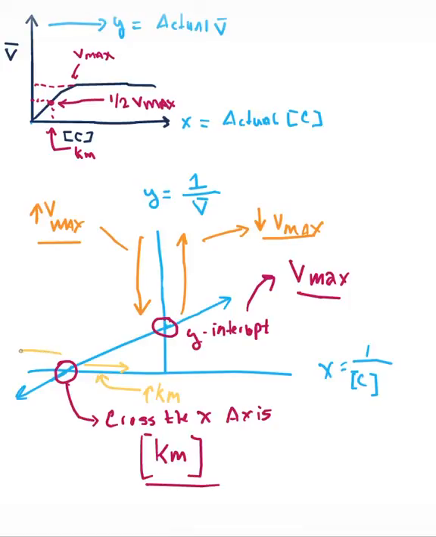And likewise, as this point moves back here to the left, that is going to be indicative of a decrease in the Km value. So this plot here, we collectively call this guy the Lineweaver Burk plot.